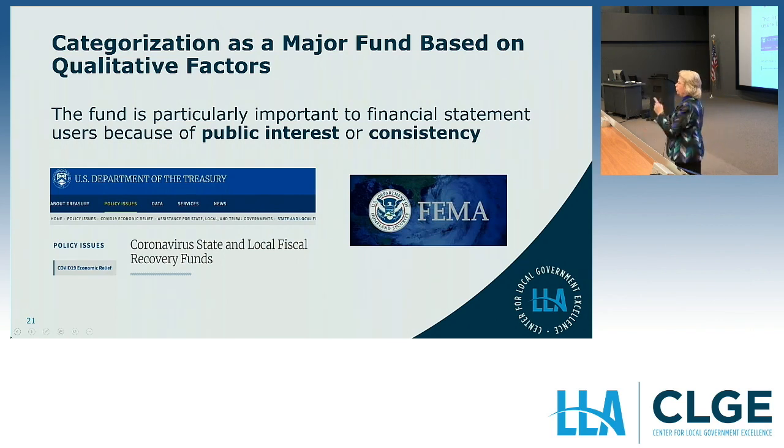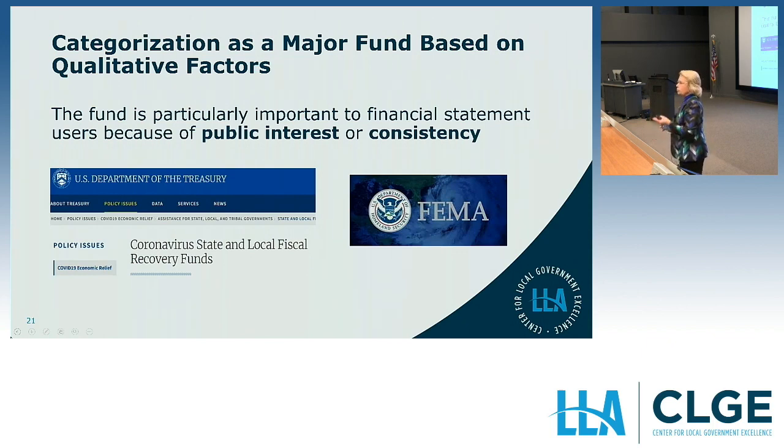Everybody knows, for municipalities, it was manna from heaven. All of a sudden, you give the U.S. Treasury your bank account, and boom, you have money in your bank account. You're good to go. But your public wants to know, what are you doing to spend it? We keep hearing about this in the paper. So it may not be major, but it's high public interest.